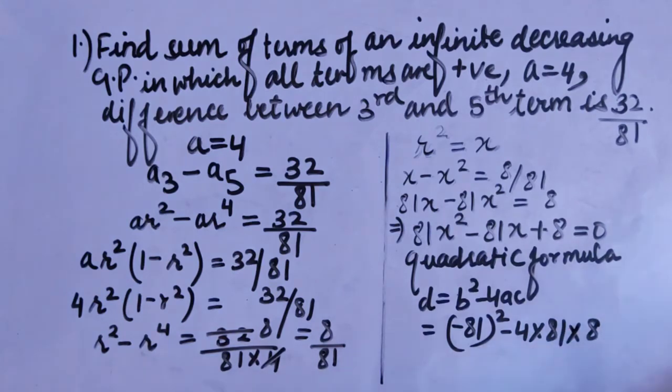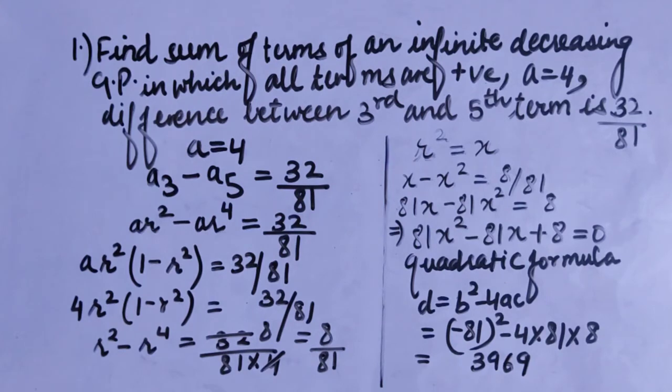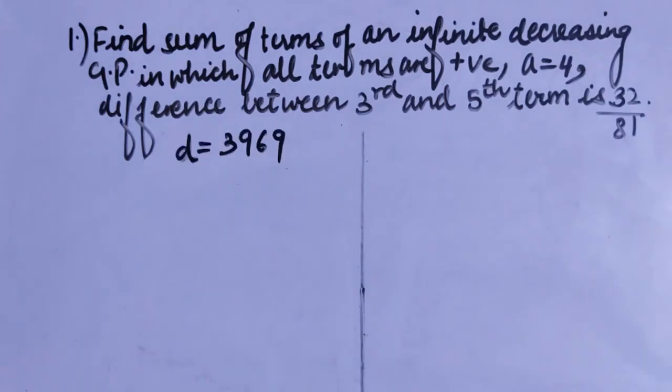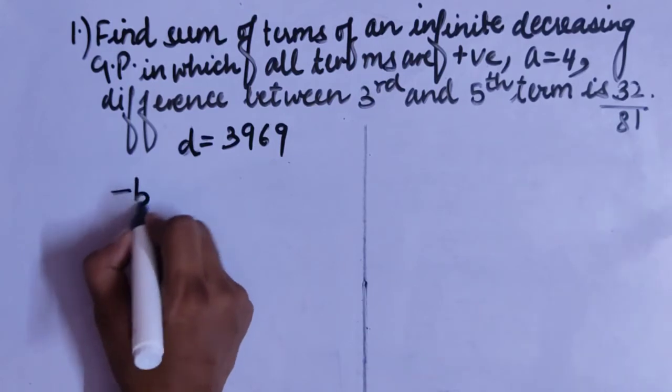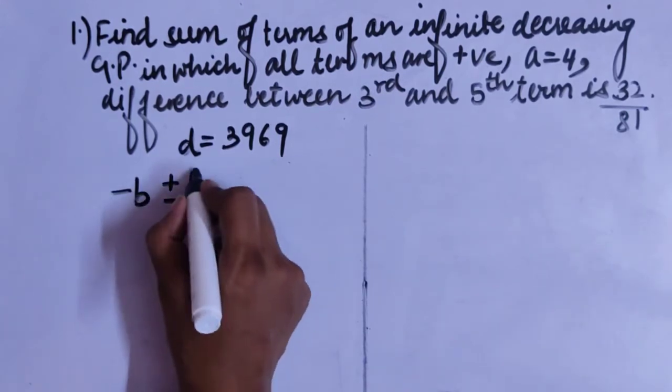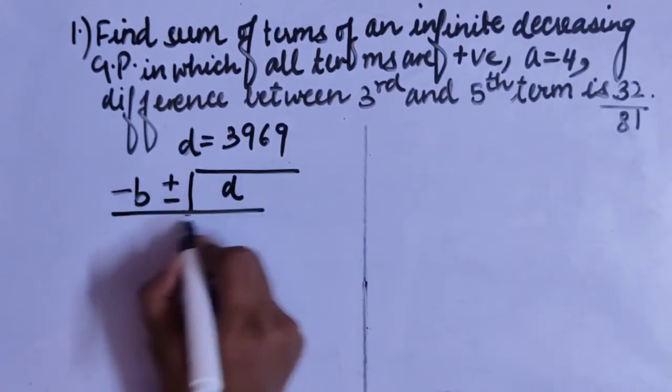When we solve it, after solving it, we will get 3969. So we have got the value of the discriminant, which is equal to 3969. So we will now use the quadratic formula. You are very well aware of it: minus b plus minus under the root D upon 2a.